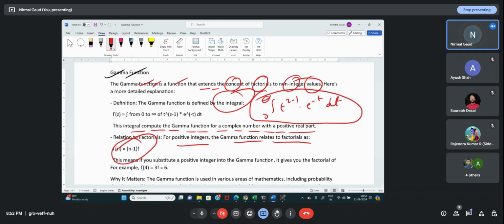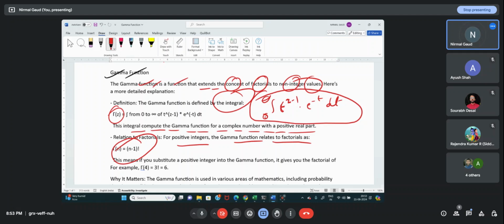This is how we do it, right? This is gamma z, in the integration format. It's a standard formula, I am not making it up. So gamma z is equal to integral of t to the power z minus 1 e to the power minus t dt. Okay, we are integrating over t.